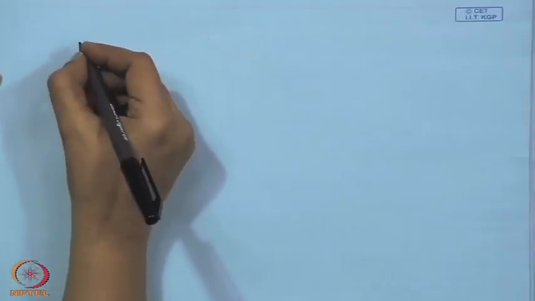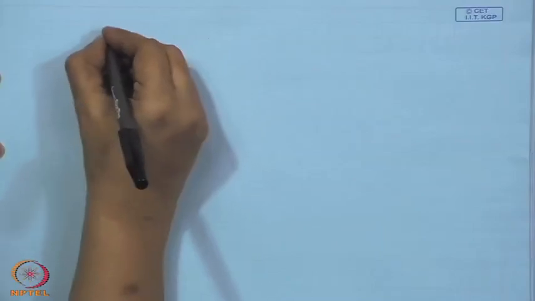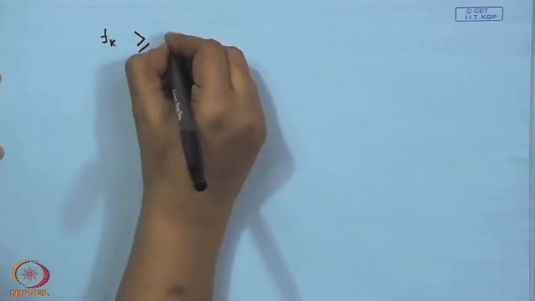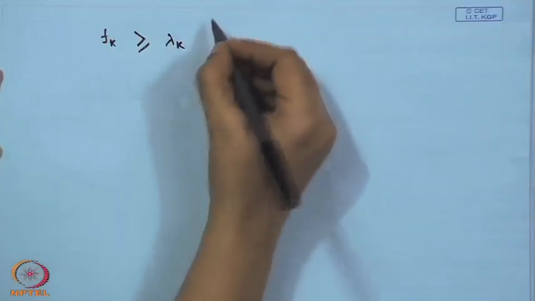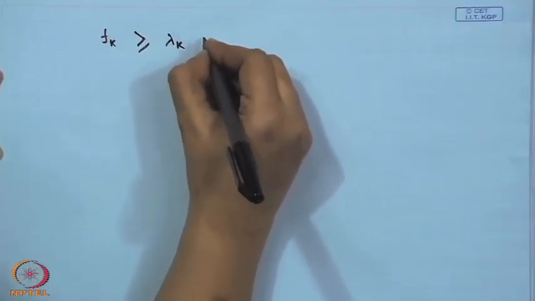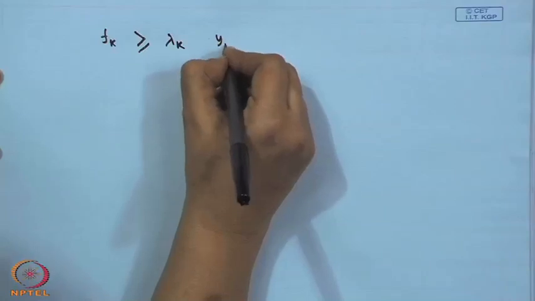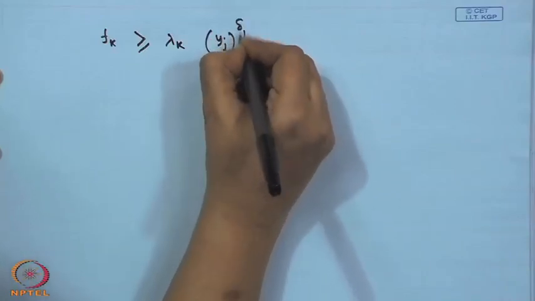Now, what we got, thus we are getting here fk greater than or equal to lambda k, and here we have the product of yj to the power delta j. What is yj?